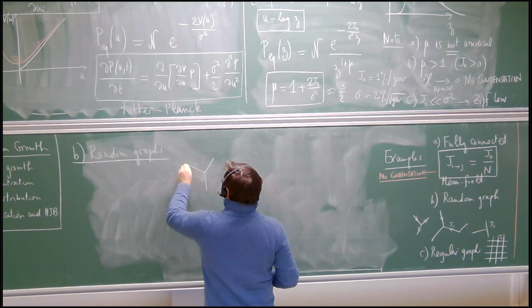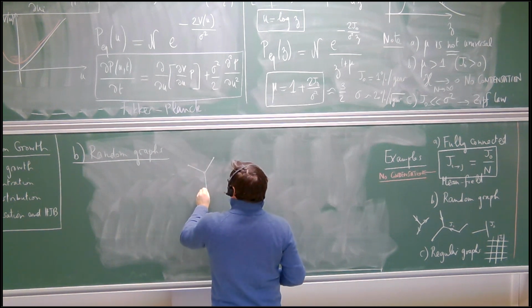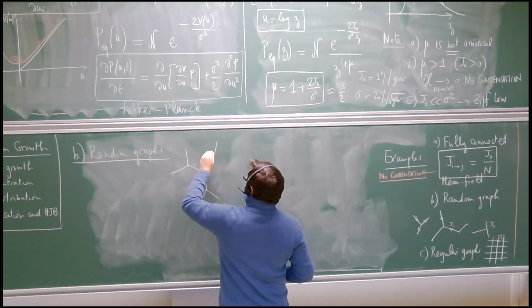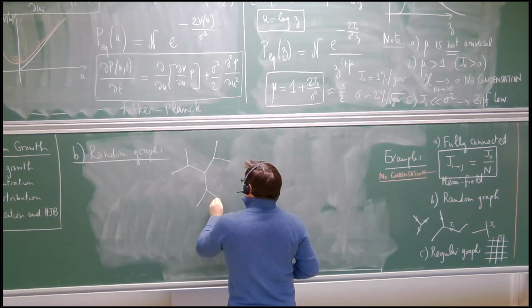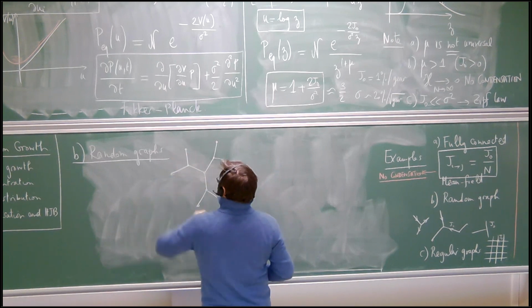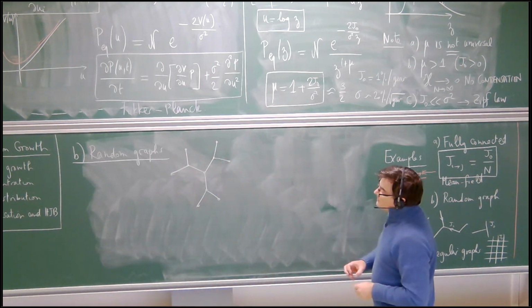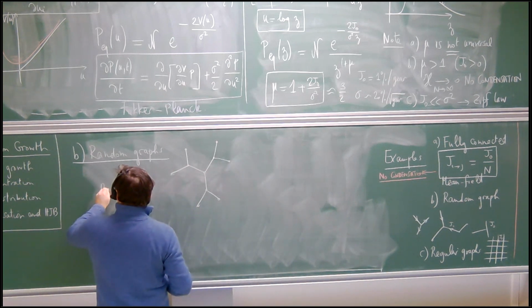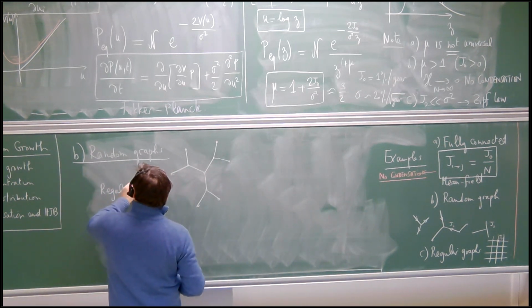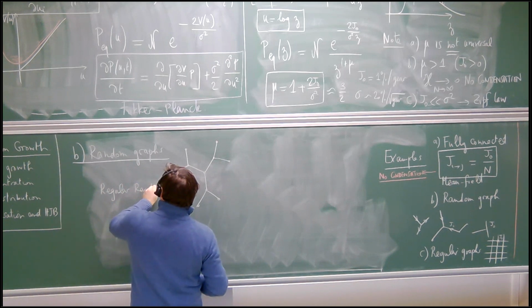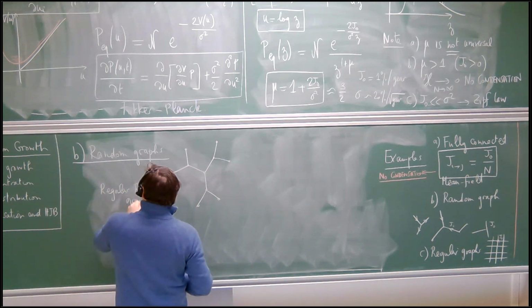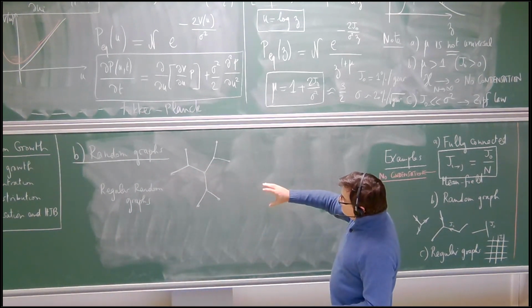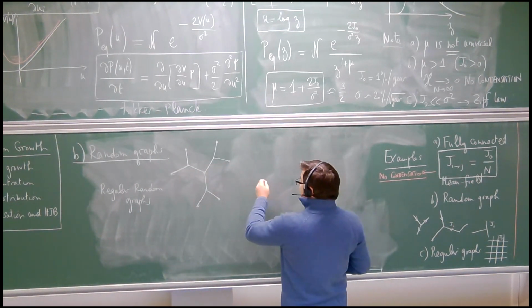So for example, where each node is connected randomly to 3 other nodes. Okay. So this is a little zoom on what's called regular random graph, that are locally tree-like, but you might have loops in such a graph.